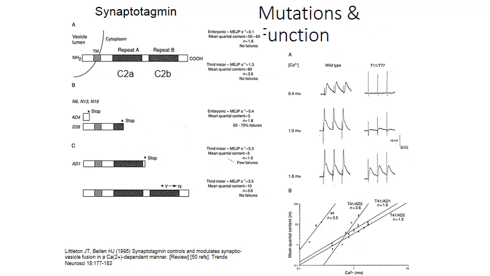All right, so let's look at some of the experiments that give us this idea of what's going on. In this very early experiment, synaptotagmin was mutated in Drosophila muscle, and to show that the C2A and the C2B binding domains were indeed calcium sensors necessary for synaptic transmission, different mutants were made that truncated the protein in the middle of different parts of C2A and C2B.